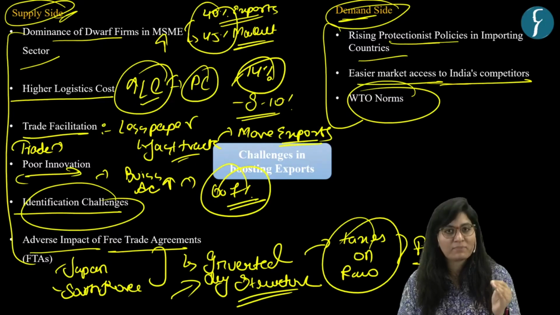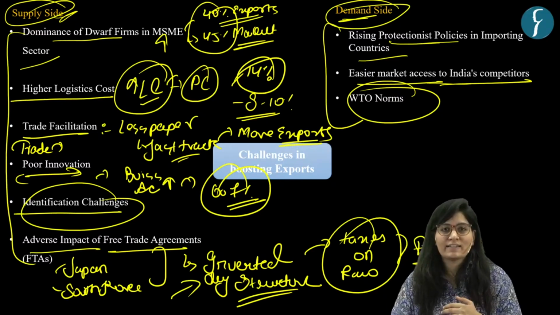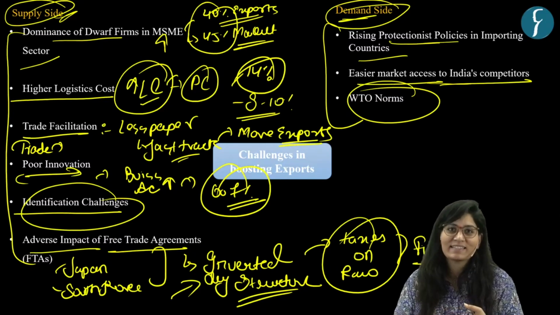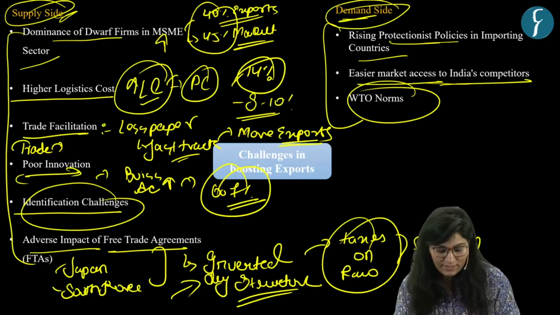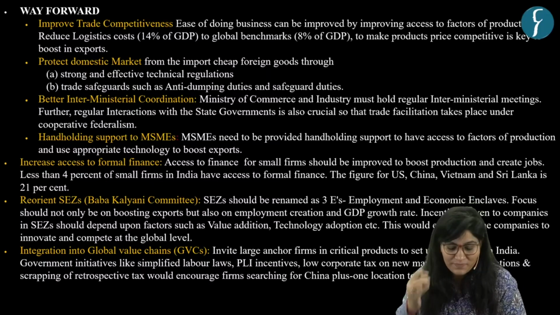Got it? So, supply side and demand side constraints we have just discussed. Now, we know why it is so important, and we know what the constraints are. Now, let's see what the way out should be. First is to improve trade competitiveness. And how will we do that?